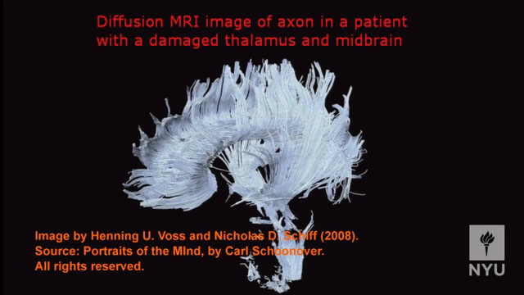So here, all these little terminals are little pieces of axons that are just damaged. They're here. This is the thalamus, and this is the midbrain. These are healthy axons, and then you can see exactly where that damage is. So it's a very precise way to look not just at where the cells are damaged, but to get this precise image of where the fibers are damaged as well.